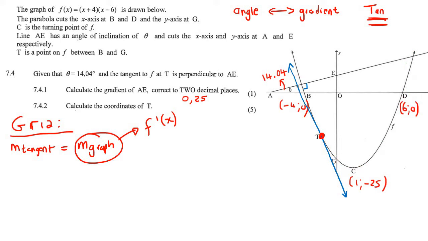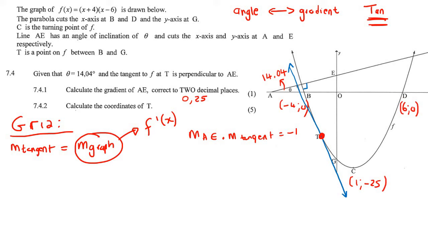Now, from the grade 11 approach, we already worked out what the tangent's gradient is, but maybe you didn't watch that. Maybe you jumped straight to the grade 12 method, because you ain't got no time for that. So maybe I need to show you how we get the gradient of the tangent once more. That's pretty easy. We know that when two lines are perpendicular, or at 90 degrees, which they told us here, then when you multiply their two gradients, the gradient of AE multiplied by the gradient of the tangent, you get -1, because that's perpendicular.